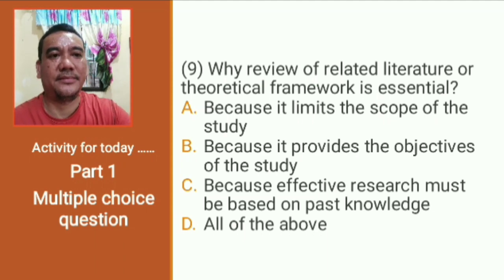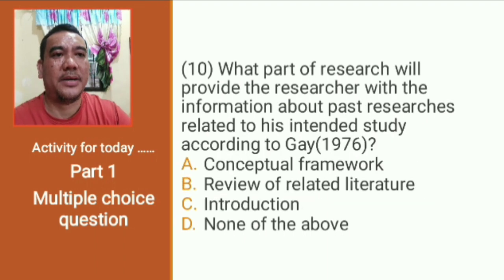Number 10. What part of research will provide the researcher with the information about past researches related to his intended study according to Gay in 1976? A. Conceptual framework. Letter B. Review of related literature. Letter C. Introduction. Or letter D. None of the above.